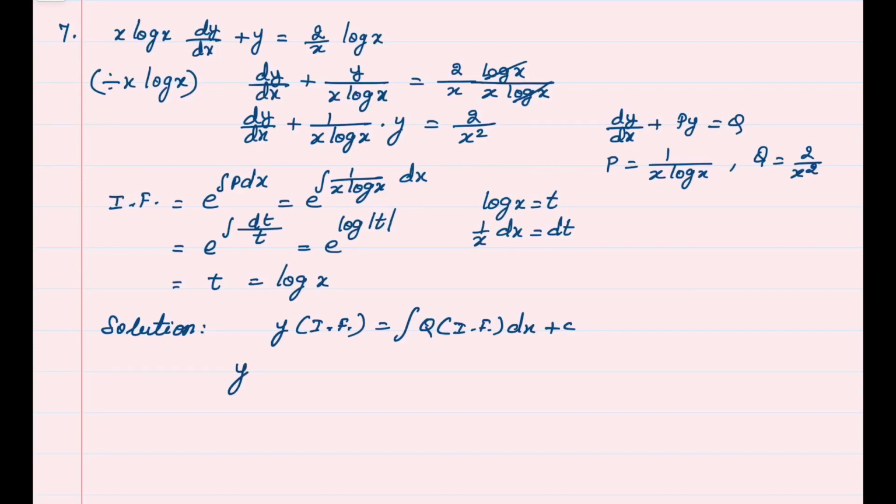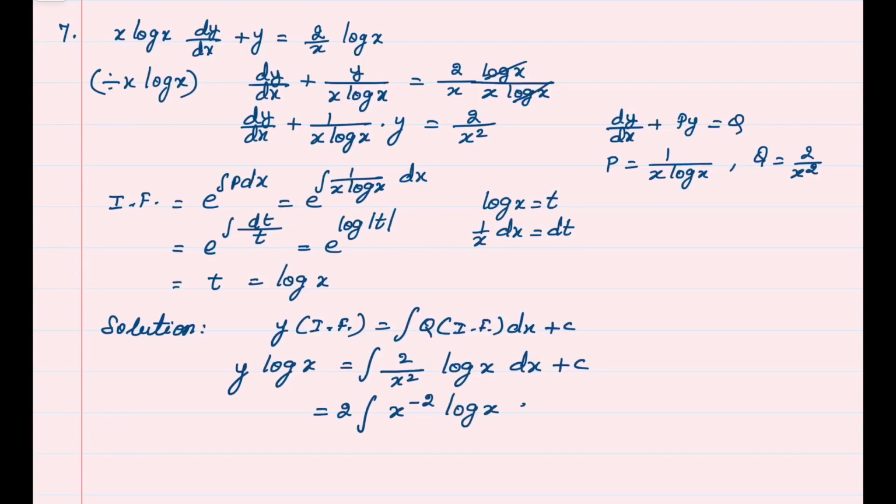Y times the integrating factor, log x, equal to integral q, which is 2 divided by x square, and integrating factor is log x, dx plus c. We will write this as 2 times integral x raised to minus 2 log x dx.